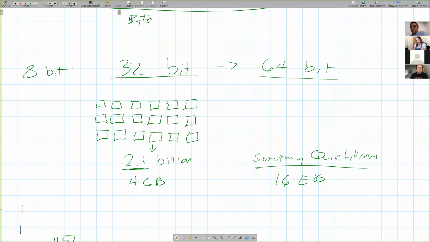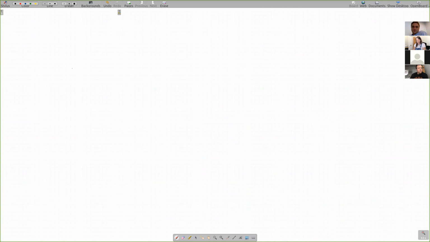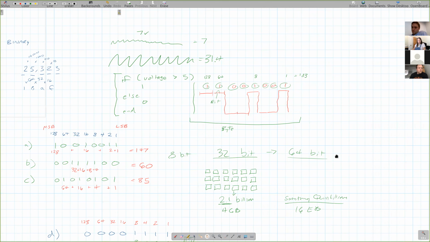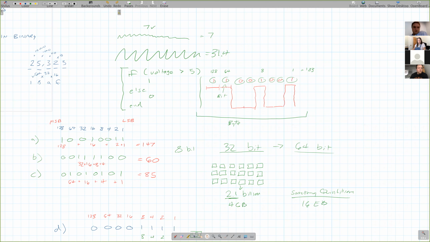That puts a limit on how much memory you can interact with in the program, how many colors you can have, all that sort of stuff. Cool, there's your intro to beeps and boops. Questions?